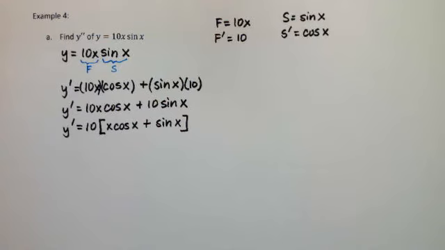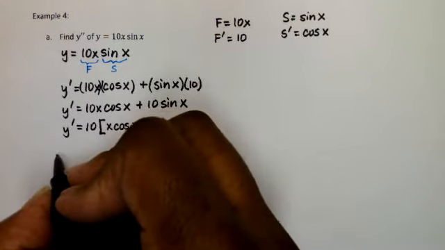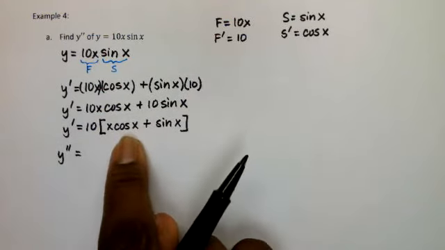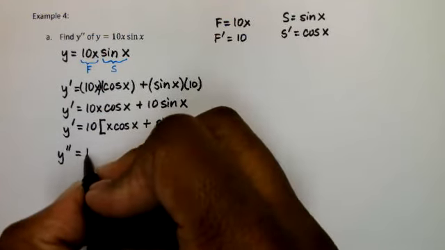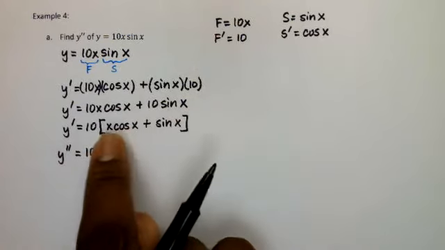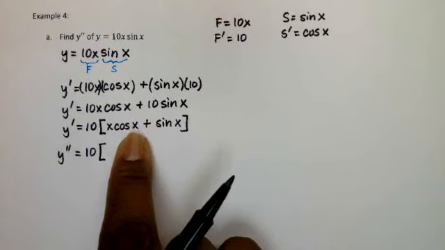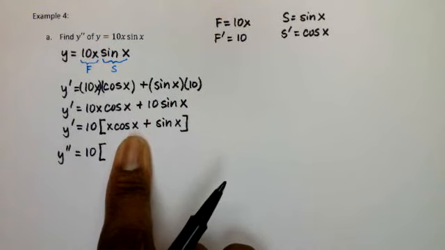Okay. And that would be the first derivative of y equals 10x sine of x. Now let's find the second derivative of this. That's going to be y double prime. That means we need to take the derivative of the first derivative. So I'm going to bring the 10 down. For the part x times the cosine of x, I need to use the product rule again.